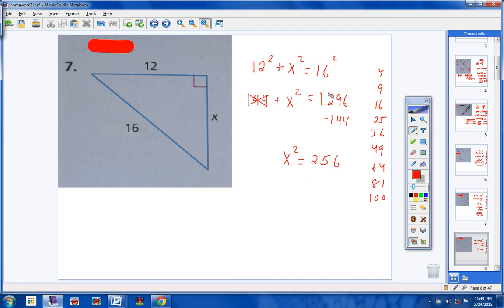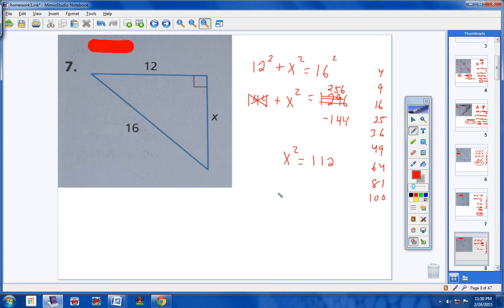So actually 256 would go right here. 16 squared is 256. I'm really, really sorry about that, okay? So you'll get 112 when you subtract 144 from 256. 16 times 16 is 256, okay? Now, I'm not sure how I made that mistake.